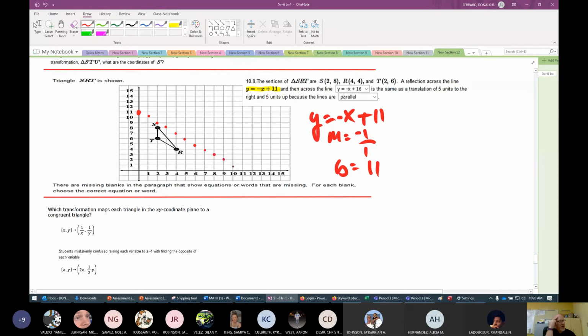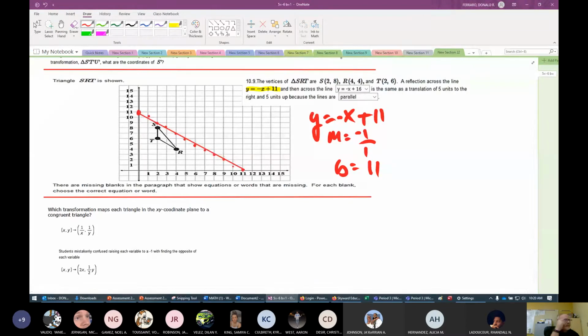So I'm drawing my line, down and over 1. So now I've created my line of reflection.